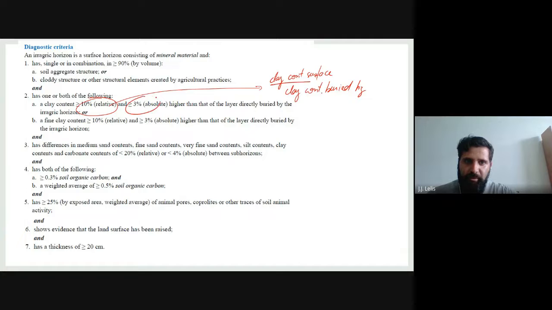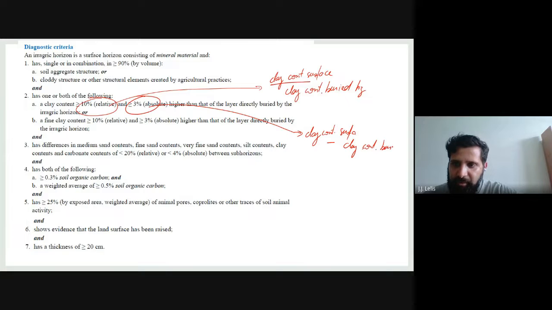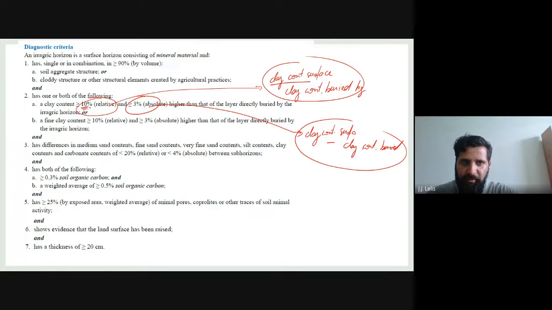And the second one is just very easy math: we calculate the clay content of the surface horizon minus the clay content of the buried horizon. So these two conditions should be followed, so we can follow the criteria to identify the irregular horizon.